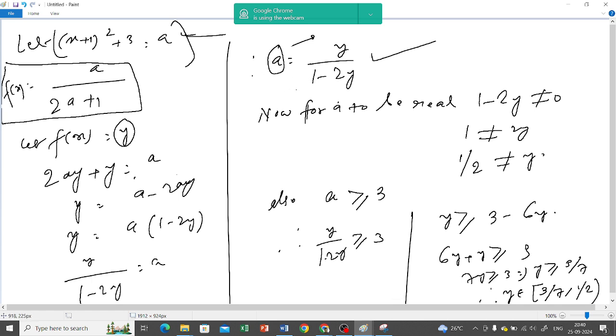Now for a to be real, this denominator, 1 minus 2y, should not be 0. Yes or no? You get my point? This denominator 1 minus 2y should not be 0, because if the denominator becomes 0, then a will become infinity, and infinity is not real.